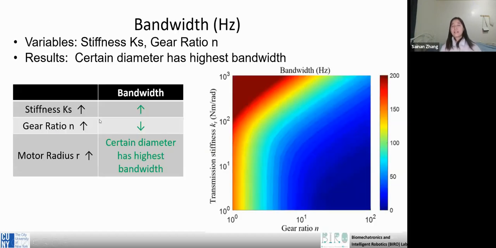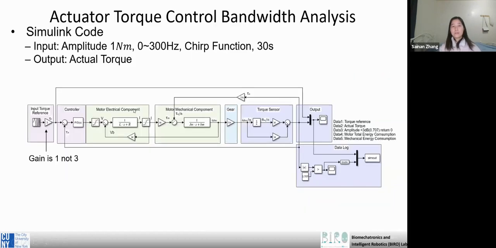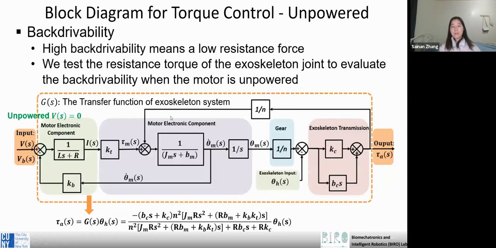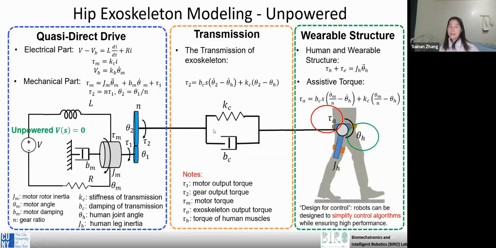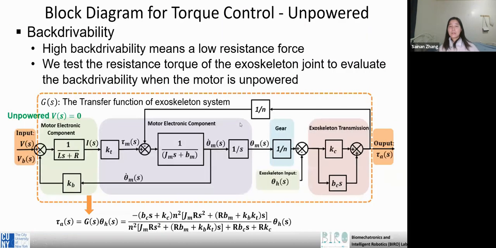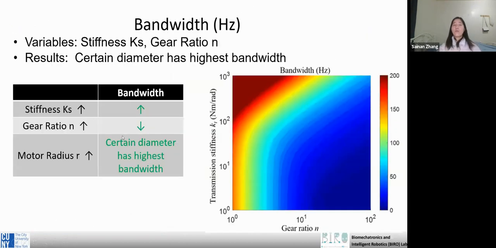For this hip exoskeleton, when we give the two variables, how will they influence the performance? Here we will only change the gear ratio and the stiffness. If we vary the stiffness and the gear ratio, how will they influence the bandwidth?